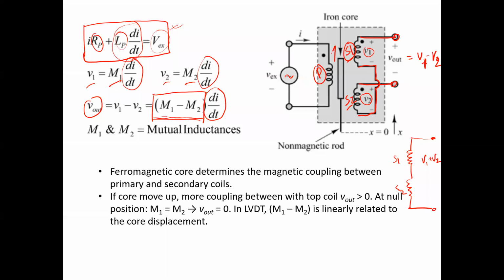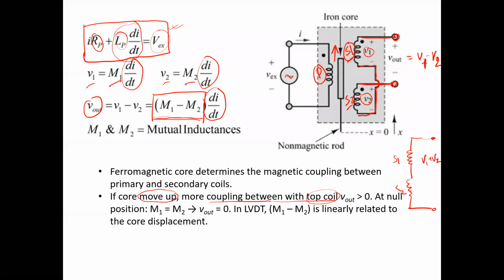However, if the iron core moves upwards, the magnetic permeability of the path between the primary winding and secondary winding 1 will be more compared to the permeability of the magnetic path between the primary winding and the other secondary coil. So if the core is moved upwards according to this diagram, more magnetic coupling will be there between the primary winding and the top coil.